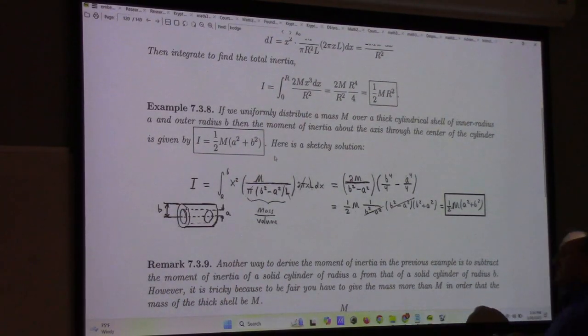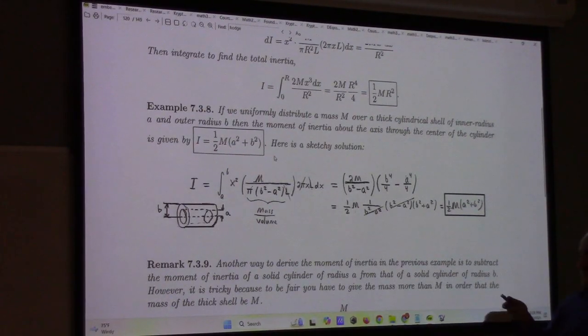What we did there was subtract the moment of inertia of the missing piece from the moment of inertia of the cylinder of radius b. It works out to 1/2 m (a squared plus b squared). This one example contains both of the previous examples as limiting cases.